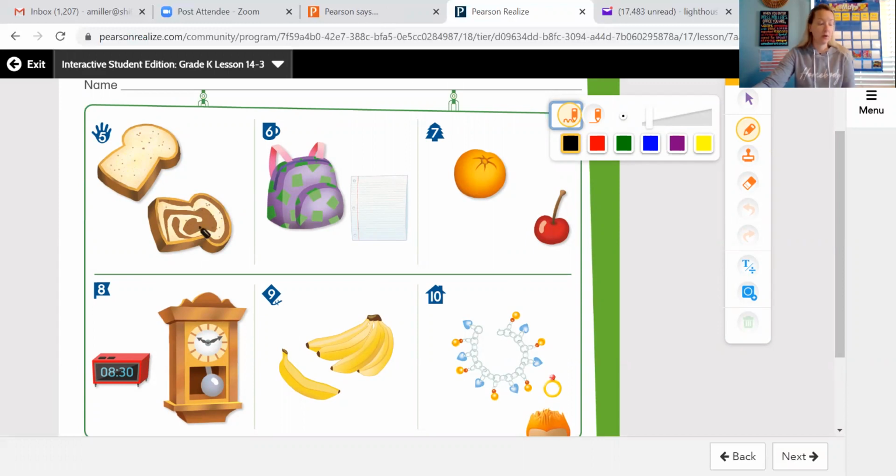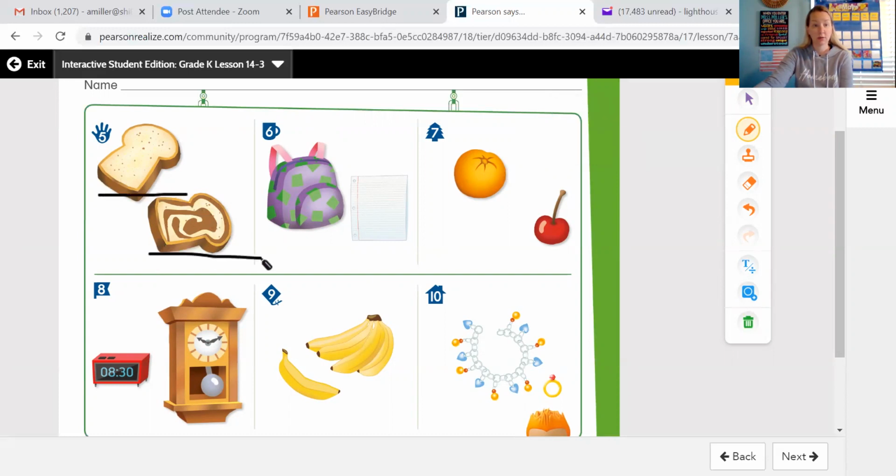And remember on the video, when they took 2 apples, what happened to the balance scale? It stayed even, right? One side did not go up or down. So if we have 2 pieces of bread, I think they are going to weigh the same. So we are going to underline our 2 pieces of bread.